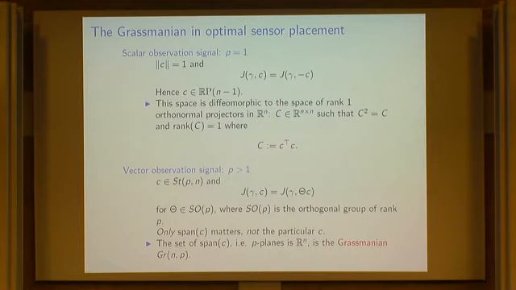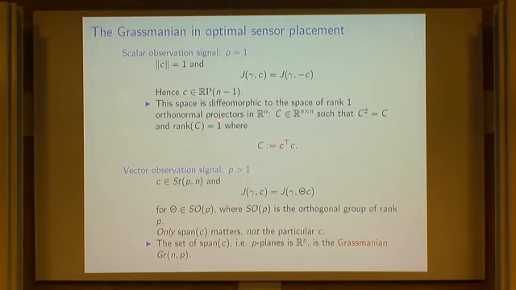So that immediately tells us that instead of considering C to be on the unit sphere, I can assume that C is in a projective space, because I can identify C and minus C. And I can also think about this space as the space of orthonormal projectors onto the subspace spanned by this C. This is the representation of this space that we're going to use.